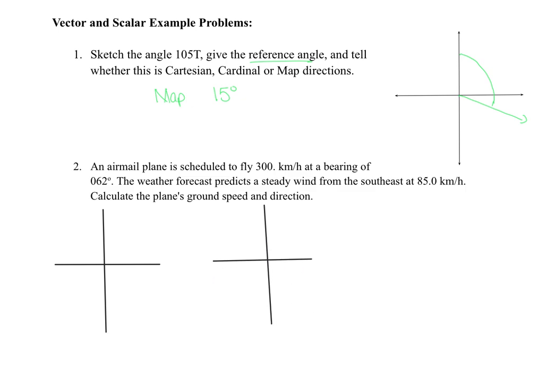It says an airplane is scheduled to fly 300 kilometers per hour at a bearing of 062 degrees. All right. So that bearing tells me that I am 62 degrees from north clockwise. So that means this guy is 62 degrees. But remember, your calculator always assumes a reference angle.